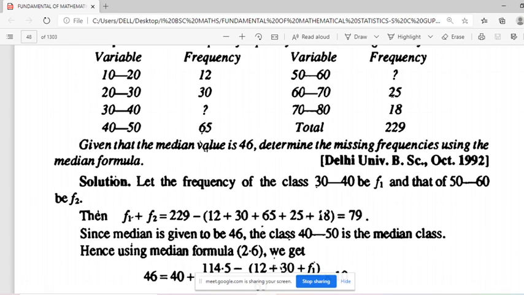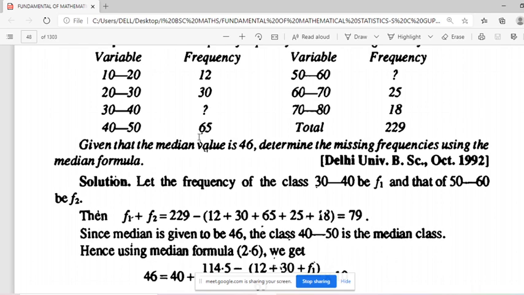So the possibility of the median would be 40 to 50. That is the method to identify the median class. So we can identify that this would be 40 to 50.